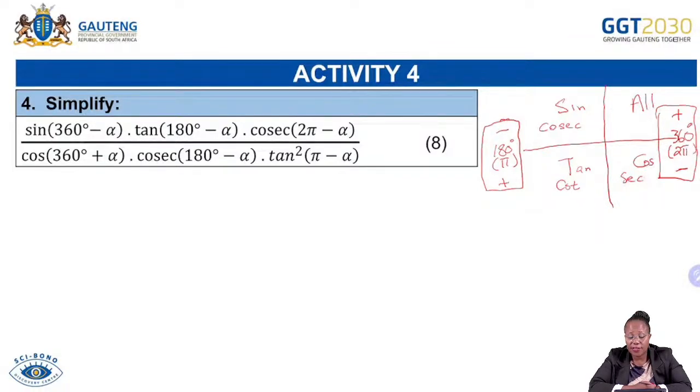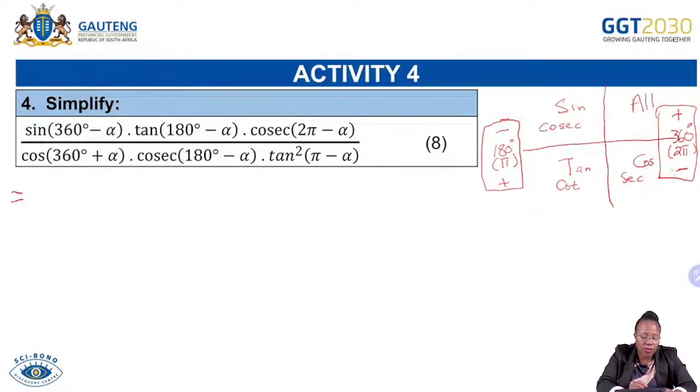Okay, grade 12, let's see out of 8 marks, how many marks did you collect on this particular problem? Remember, you need your CAST diagram, which will assist you a lot in reduction questions. Now we have 360 minus alpha. Which quadrant is that? That is quadrant 4. Is sine positive?